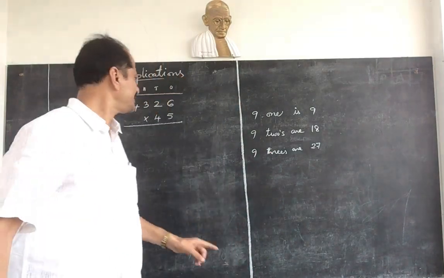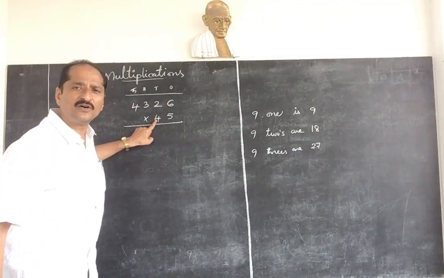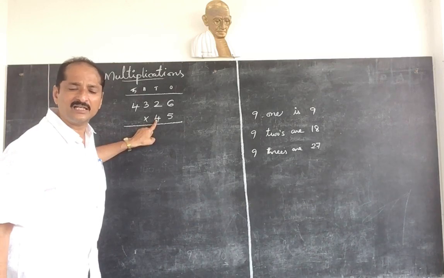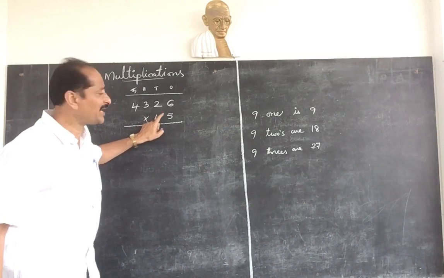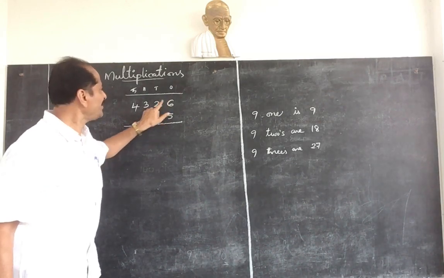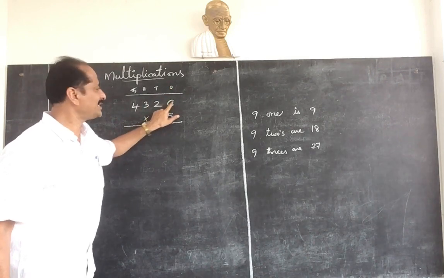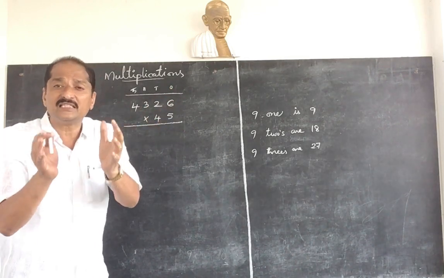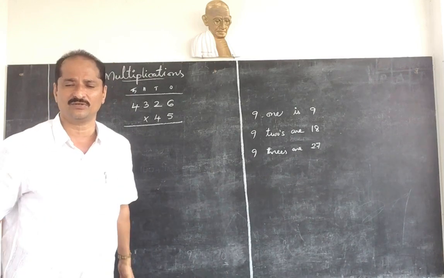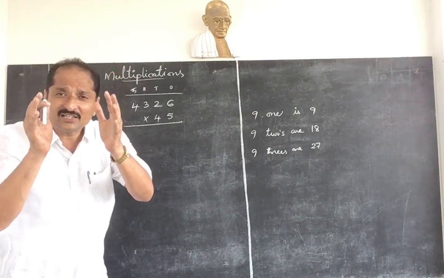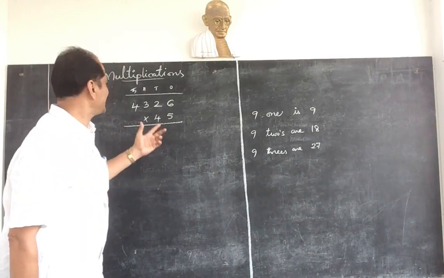Now next place is 4. Where is this 4? 4 is in tens place. Now this tens place, you start from ones. First, in which place, what we are getting, that you have to know. Afterwards, easily we can calculate.